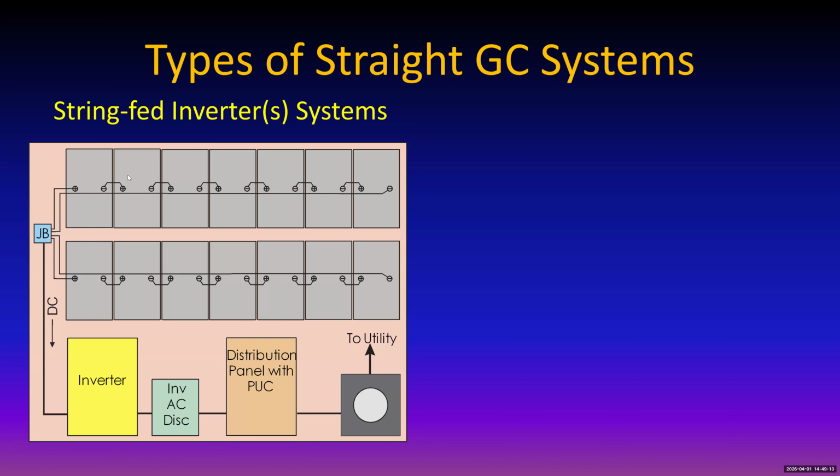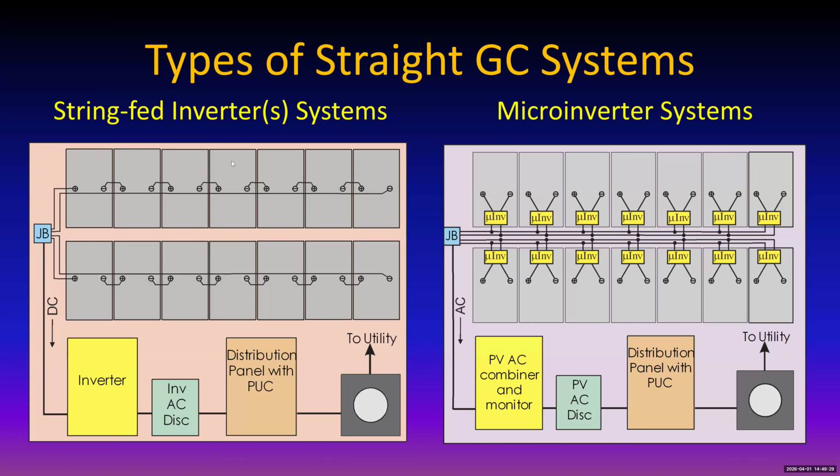Now, to get optimum performance on these, each of the modules and each string has to have the exact same exposure to the sun. Yeah, that's an important consideration. There are other systems we'll see, like this microinverter system, where you put the inverter right at the location of the module, right behind the module.